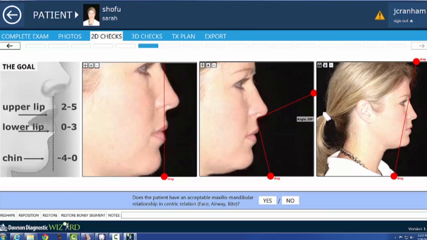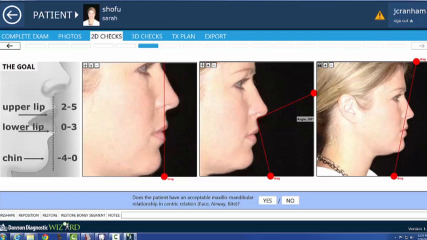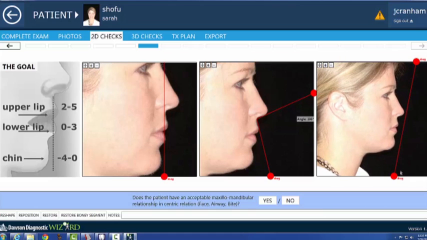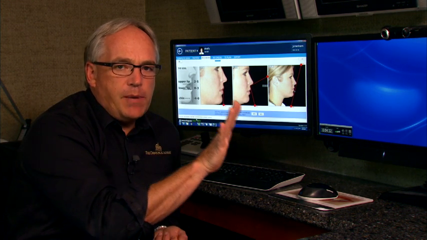The last one we're going to look at is Ricketts' E-plane. We're going to get a little closer, and let's get one more click and unlock it so that I can get these lines on the tip of the nose and the tip of the chin. What we want to see here is about twice the distance from the upper lip to that line as from the lower lip to the line. With patients that are very class 2, both lips will almost penetrate that line.